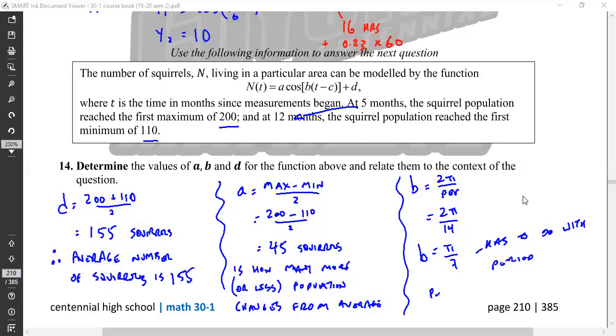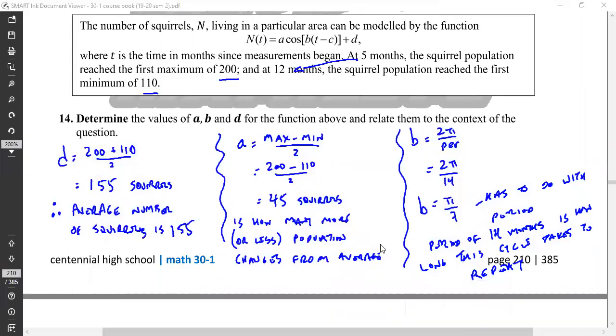Our period of 14 months is how long this cycle takes to repeat. How long it takes this cycle to repeat our squirrel population. It goes up, it goes down, it goes up, it goes down. And that's what's going on here.